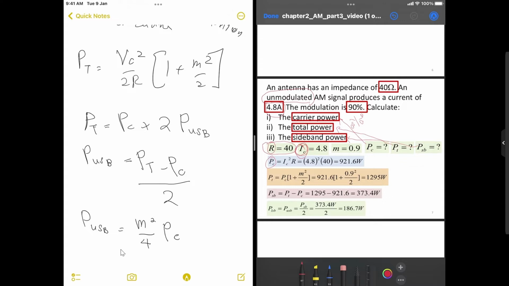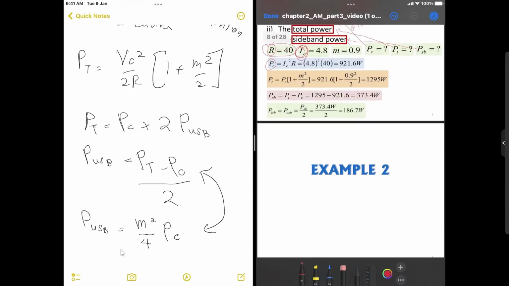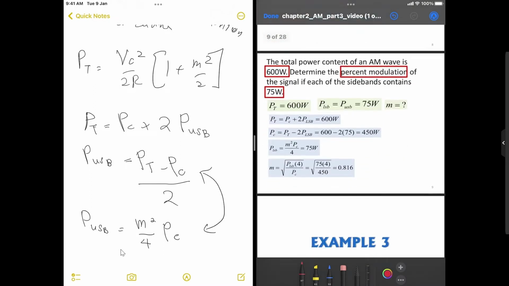You can also use that one. Because you already have the modulation index and the PC, you can calculate with whichever equation. These two should give the same answer.